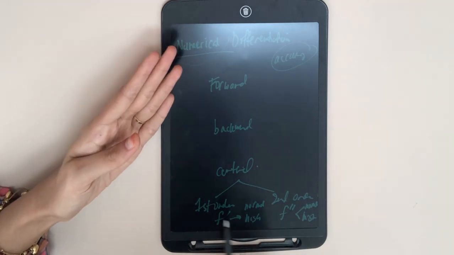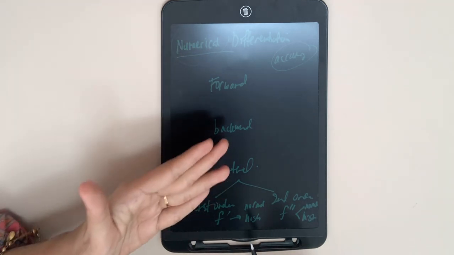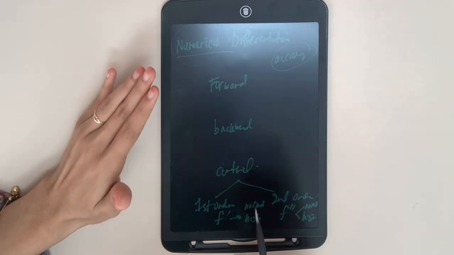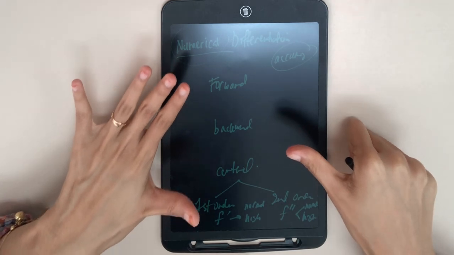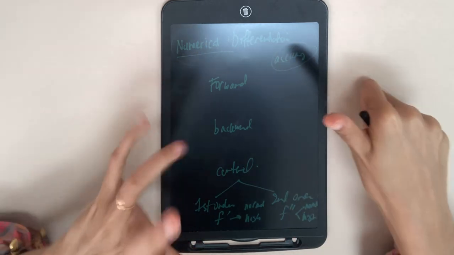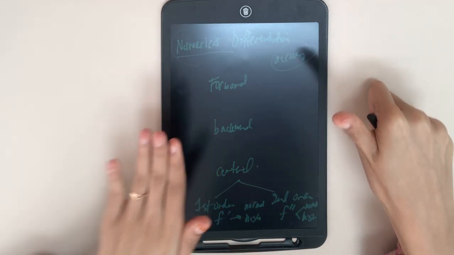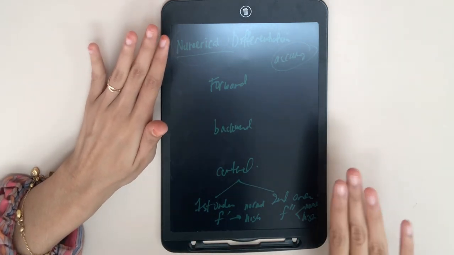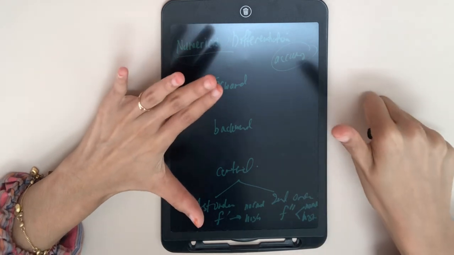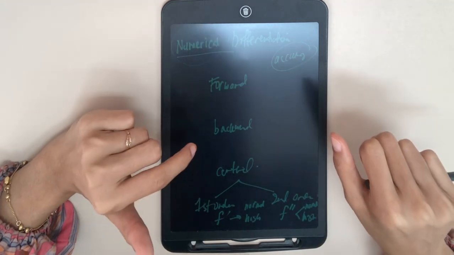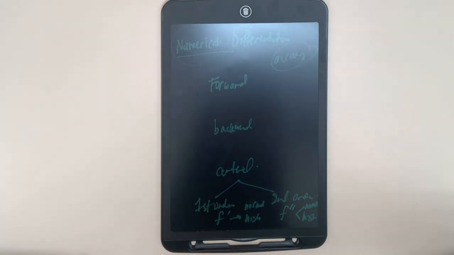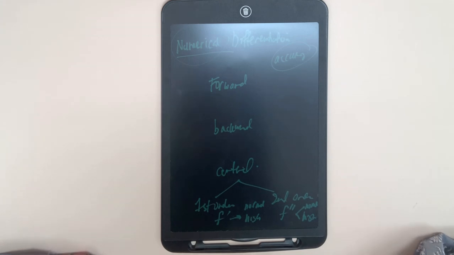And then first order high accuracy backward, so they have 5. And first order high accuracy centered, so they have 6. Okay, 6, right? So for the first order part only they have already 6 formula. The same thing for second order, second order pun akan ada 6. So total up we have 12 formulas in this chapter. Okay, maksudnya dia akan ada 12 formula that you need to know.